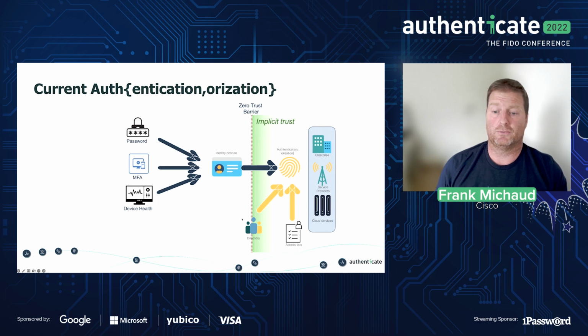is that we still have information being taken into account for the authorization part that is coming from within the enterprise, right? Directories like LDAP or Active Directory information, access control lists, which are implicitly trusted, right? We believe that they are good because they are coming from within the enterprise.